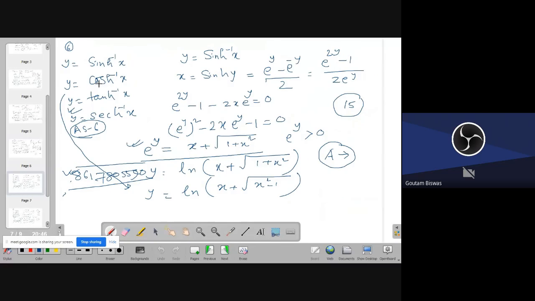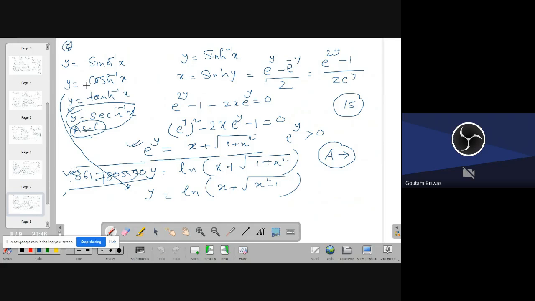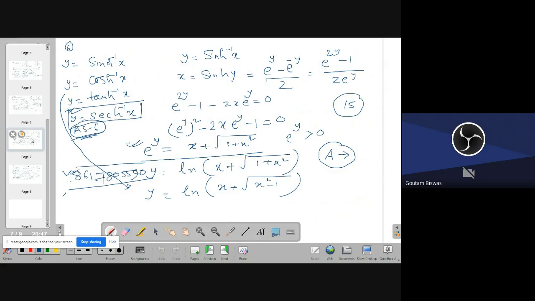inverse functions. So only one assignment is there here to find out this type of expressions or this type of expressions. Understood? And in 7, what happened? I've just done 6 or 7. Both are the same, I think.